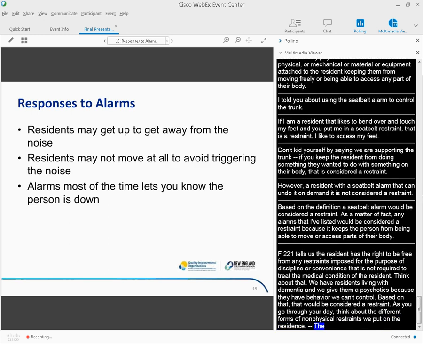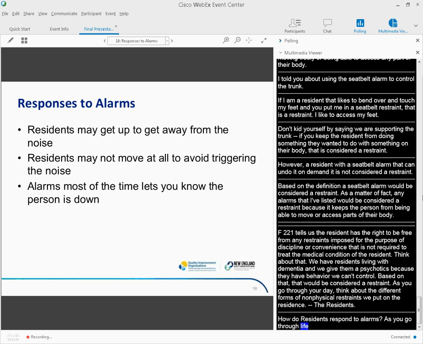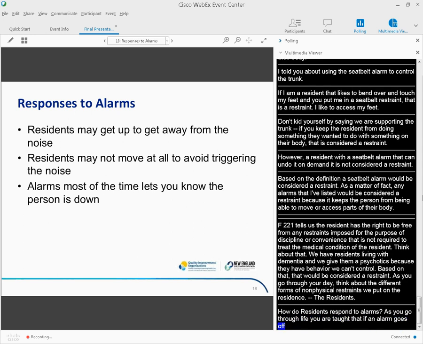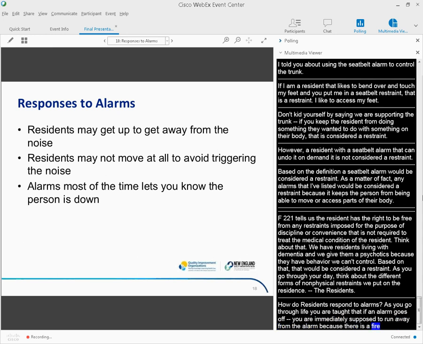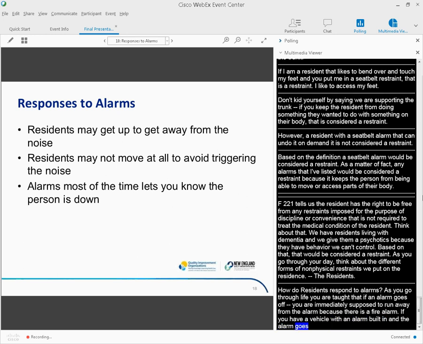So how do residents respond to alarms? As you go through your life today, you're taught that if an alarm goes off, a fire alarm goes off, your immediate response is to run from wherever that alarm is coming from. If you have a vehicle that has an alarm built into it and your alarm goes off, your immediate response is to move and go towards your vehicle.